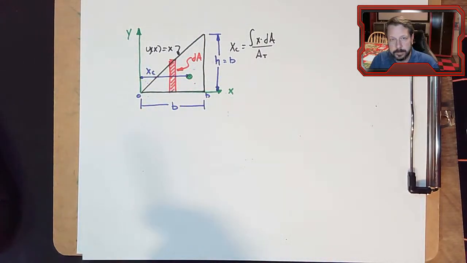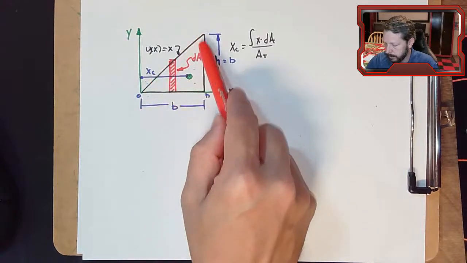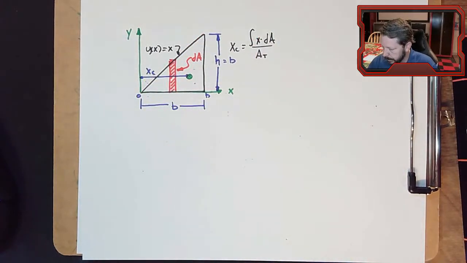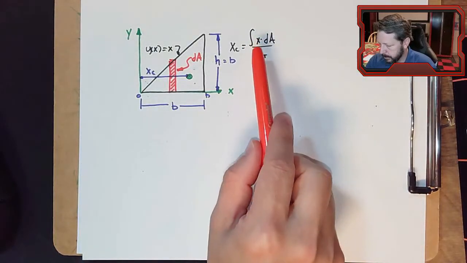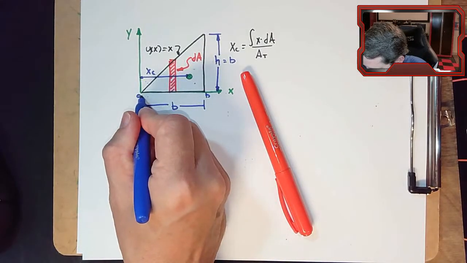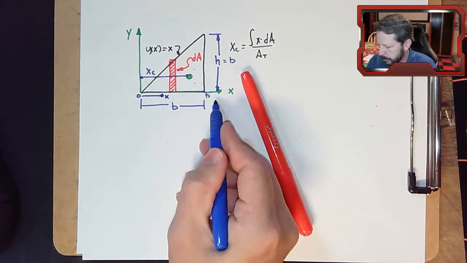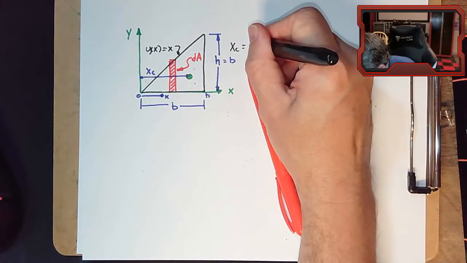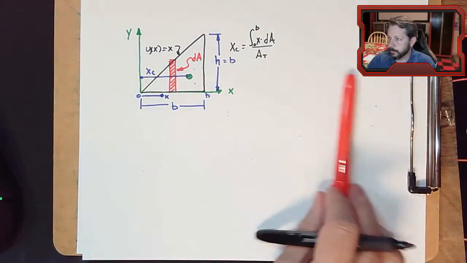That's basically what integrating does. We're calculating the area under this curve times x. So x is just our variable measured from 0 over to b. So I could put my limits on here, 0 to b.